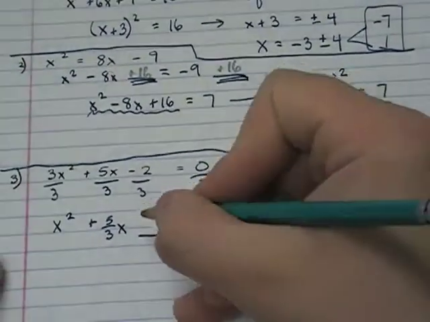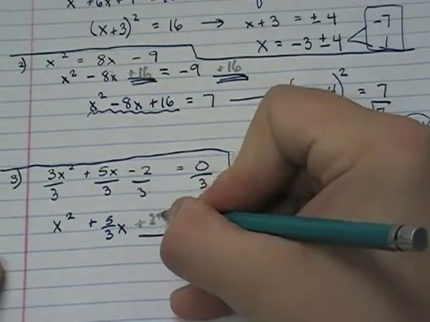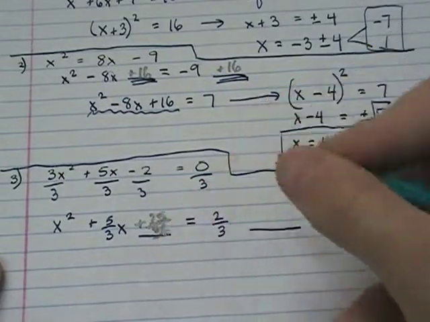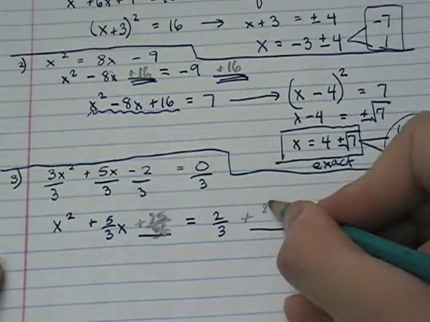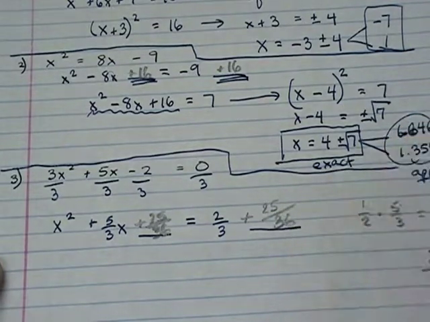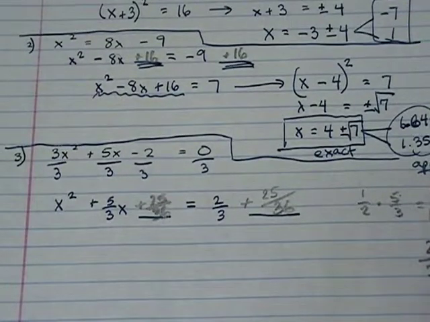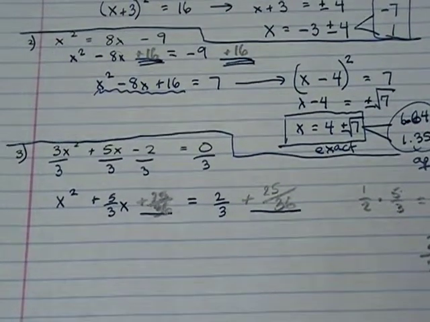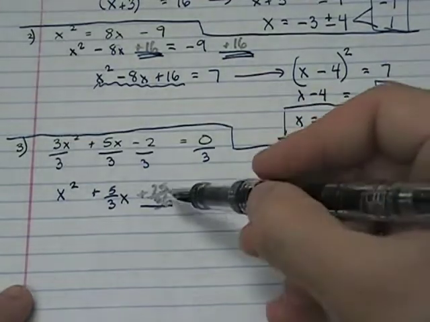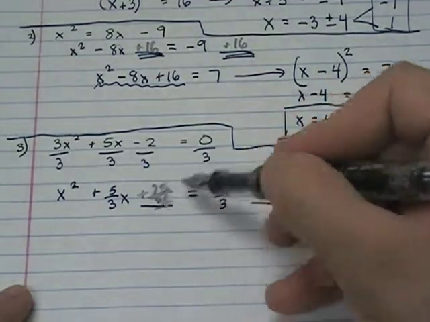So, what goes here? 25 over 36. And what goes here? 25 over 36. Now, what do we do? Well, now we have to complete the square. So if this is 25, this is b squared.